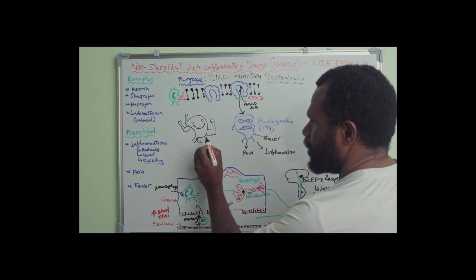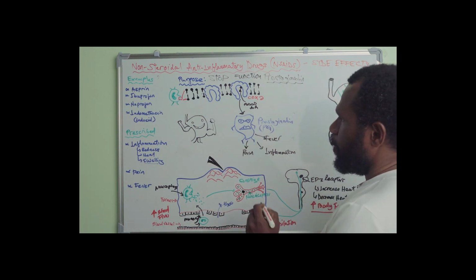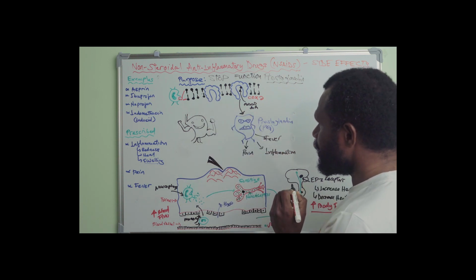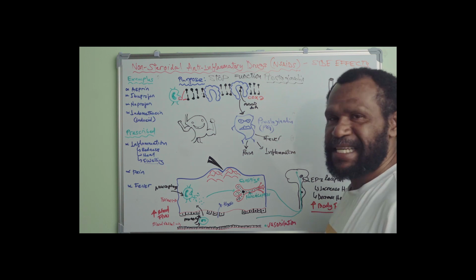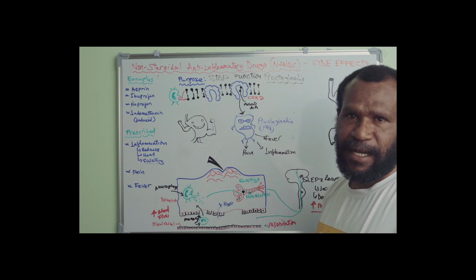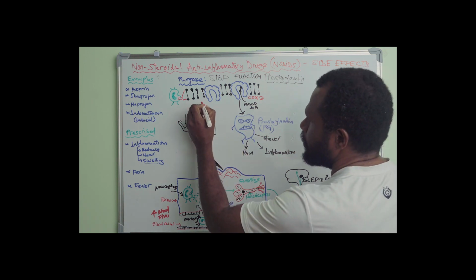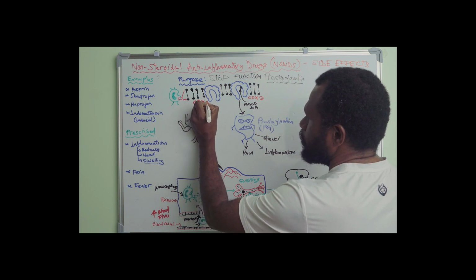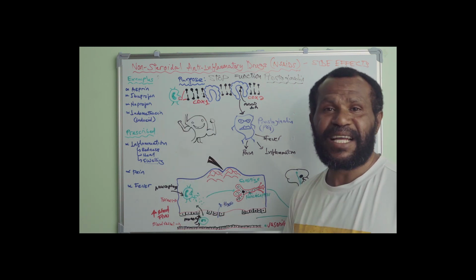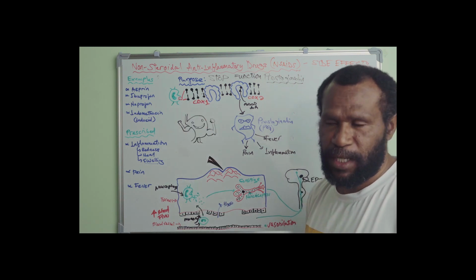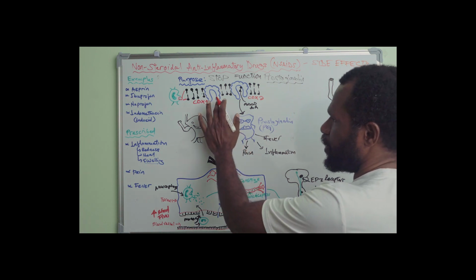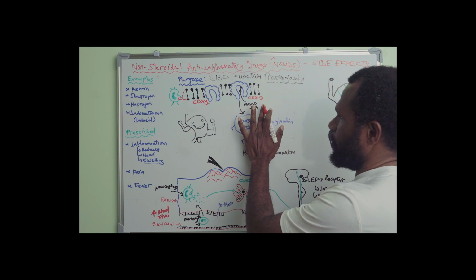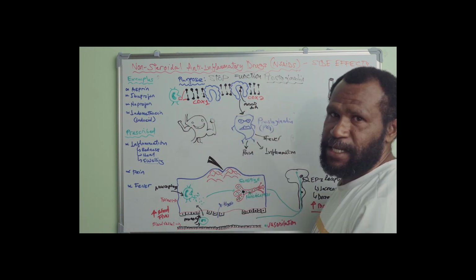So what is this other thing? The one we just saw is cyclooxygenase type 2. This one we call COX-1, or cyclooxygenase type 1. What is the function of this one? This enzyme is the same as the other, but one is type 2 and this one is type 1.